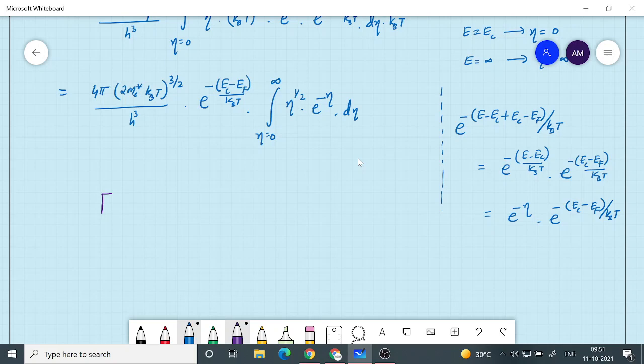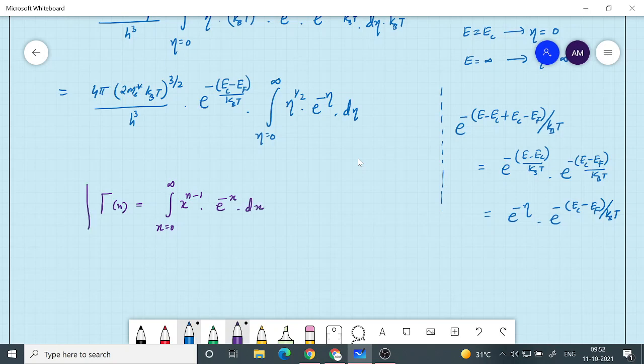Gamma function of n is defined as integral x equal to 0 to infinity x raised to n minus 1 into e raised to minus x dx.